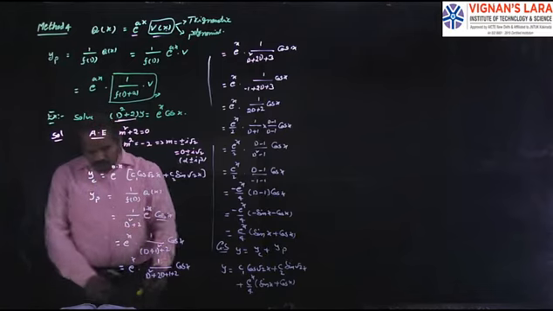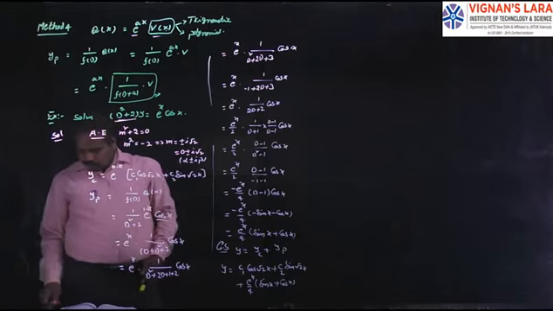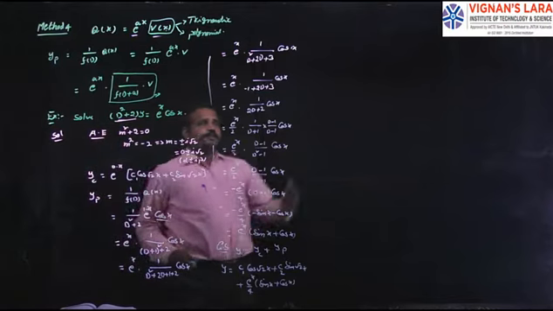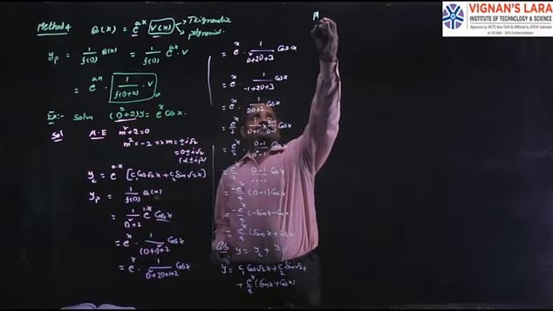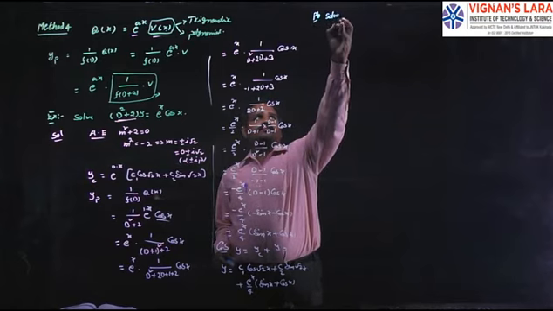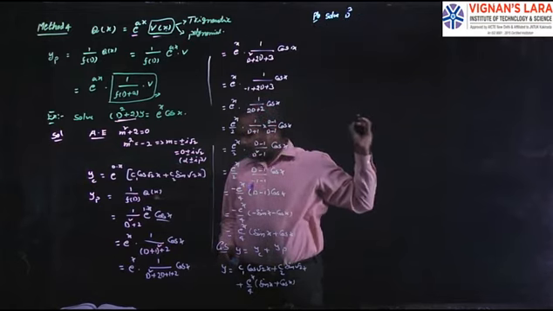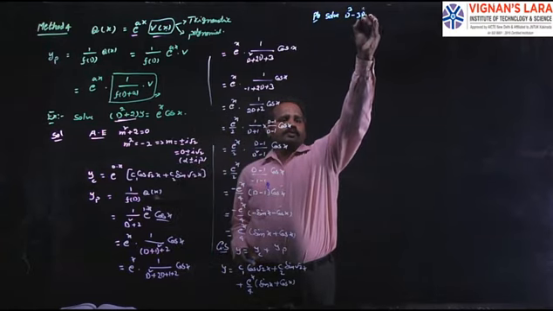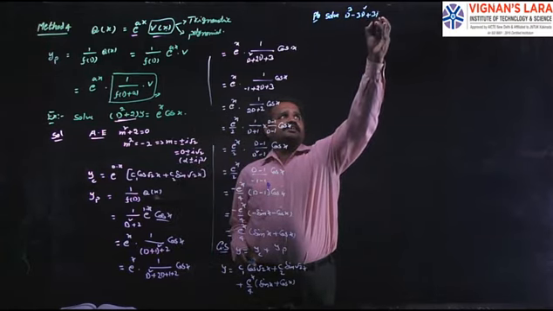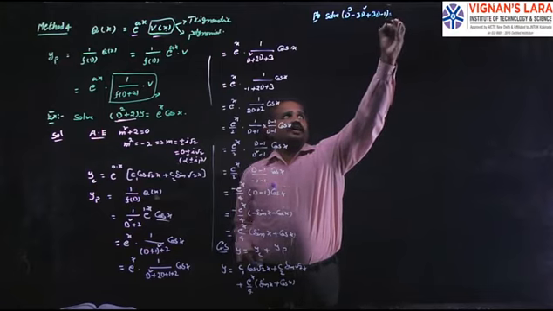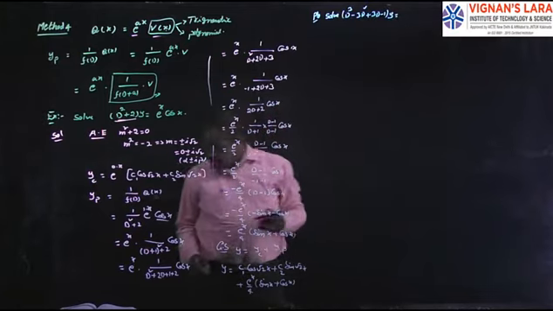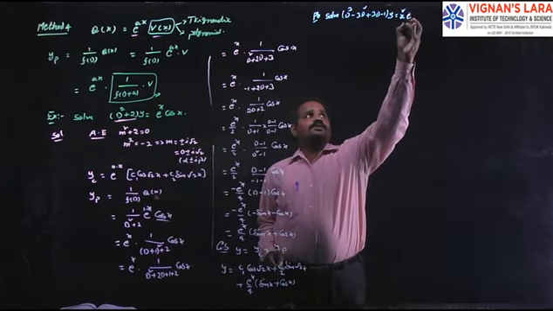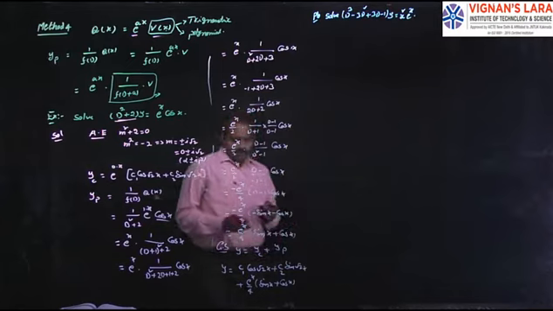Now, in the same model, we go through one more problem. That problem is: solve D cube minus 3D square plus 3D minus 1 into y is equal to x square into e power x.